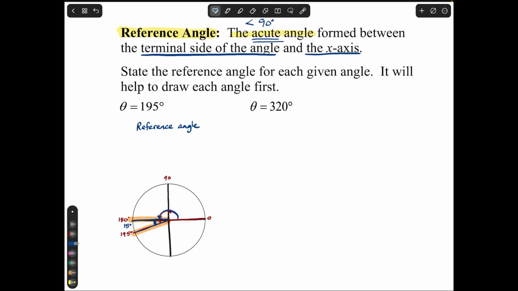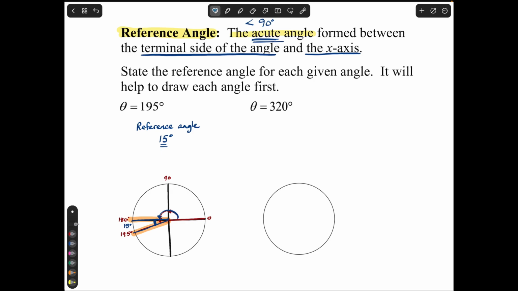Okay, let's do a 320 degree angle. So let's just draw a circle in. If you need to pause the video to draw it in there, that's fine. Then we're going to draw in our x-axis and our y-axis real quick. The x-axis runs right across there because that's where our standard position will start. There's our y-axis.